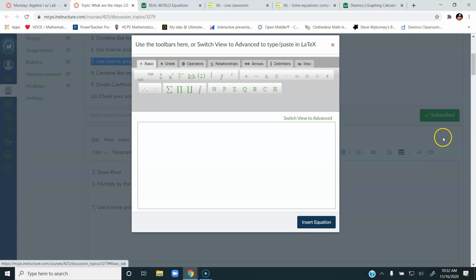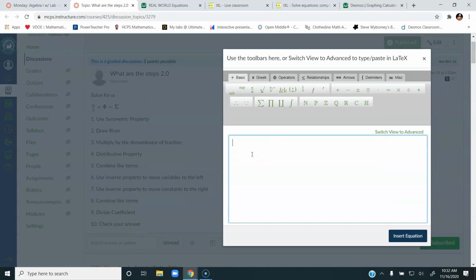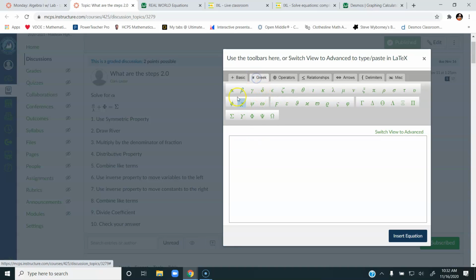And again, this wasn't a part that I was necessarily requiring you guys to do, but I'll do it. Multiply out the denominator. So that's going to leave me with alpha plus, and then right here, this symbol is known as phi.